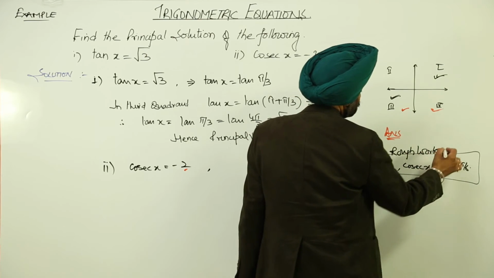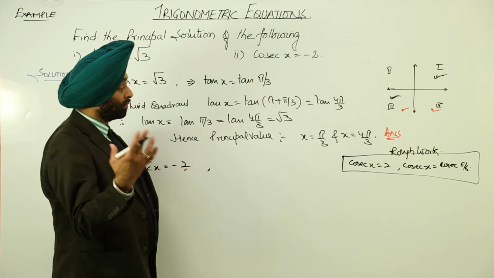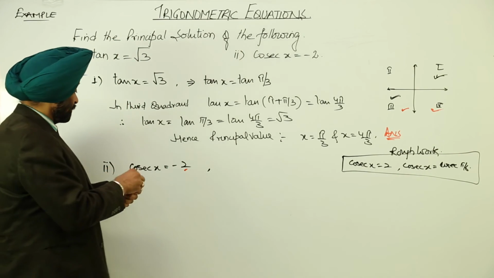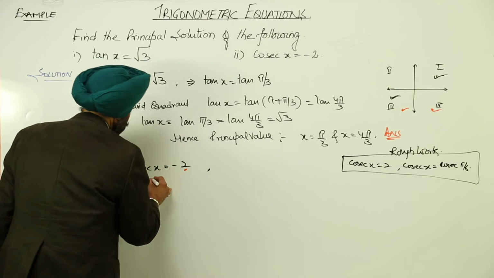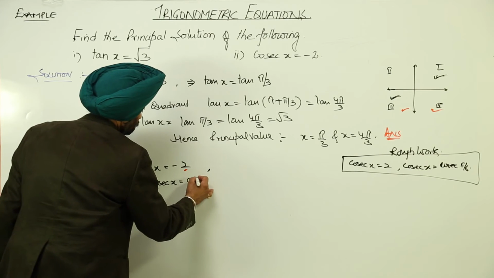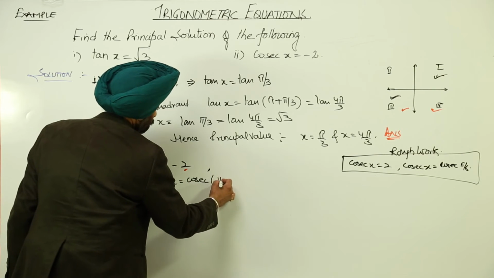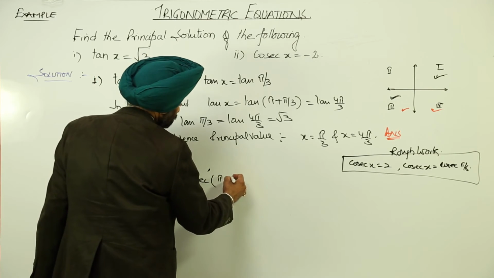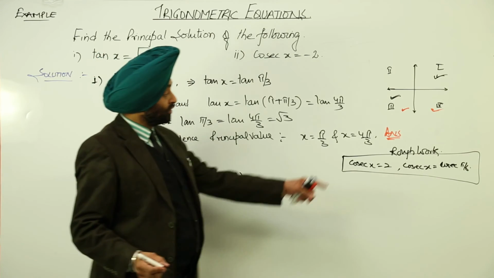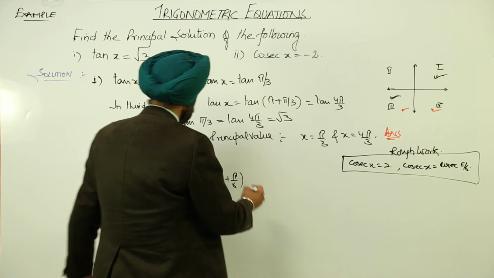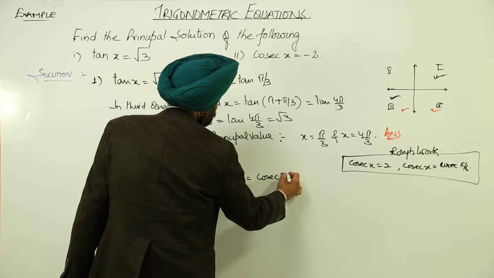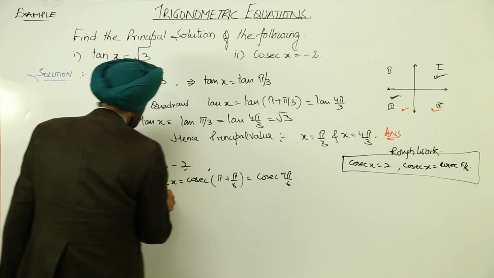In a few questions, when you are doing a number of examples, you will become master of the topic. Now cosecant x is equal to cosecant of pi plus pi by 6. Pi plus means which? In the third quadrant. So this becomes cosecant 7 pi by 6.